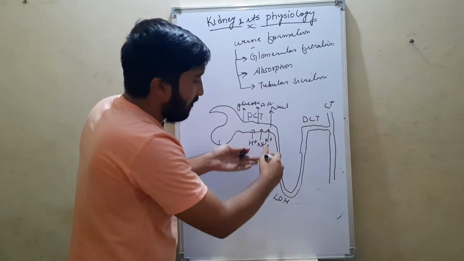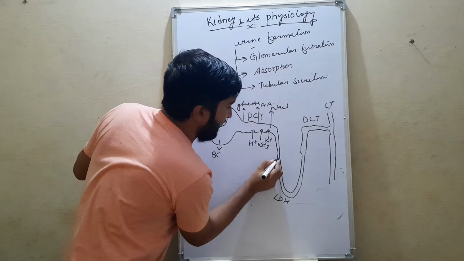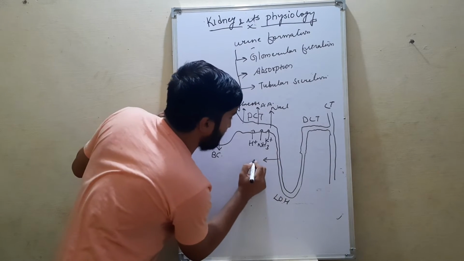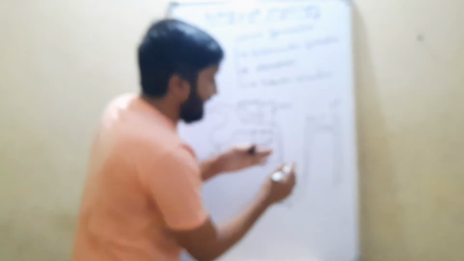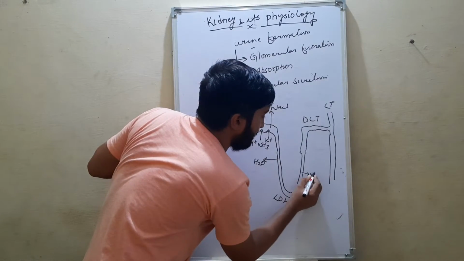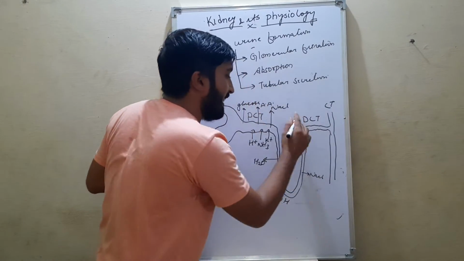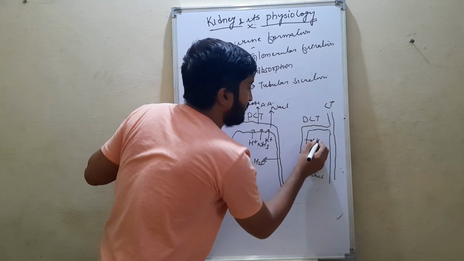In the descending limb of the loop of Henle, the water is absorbed, and in the ascending limb, initially NaCl will be absorbed by a passive mechanism, and later by an active mechanism.